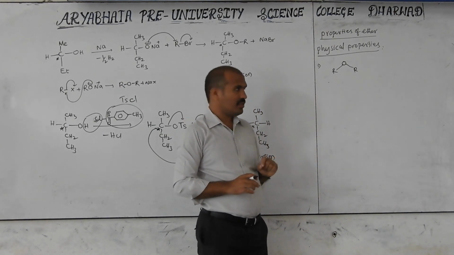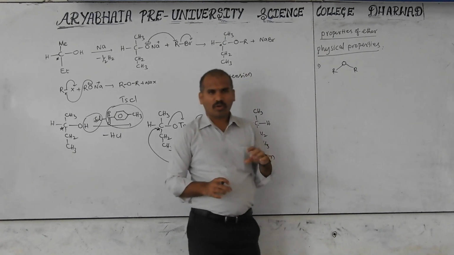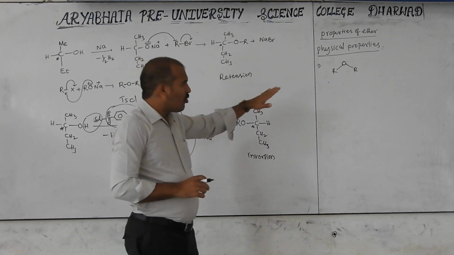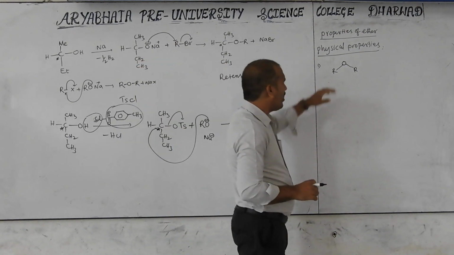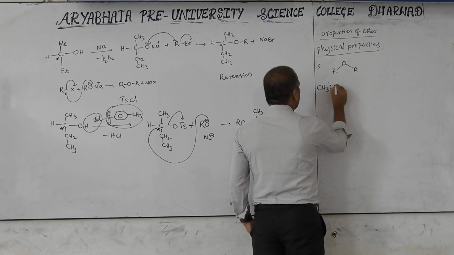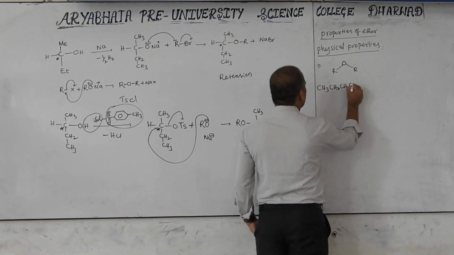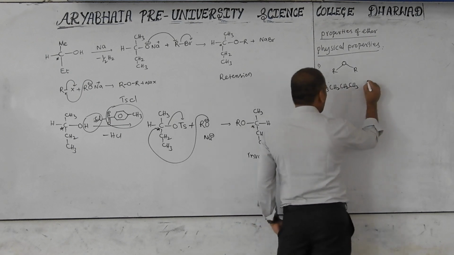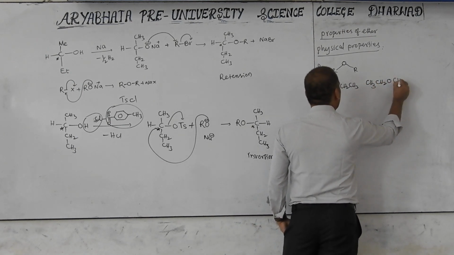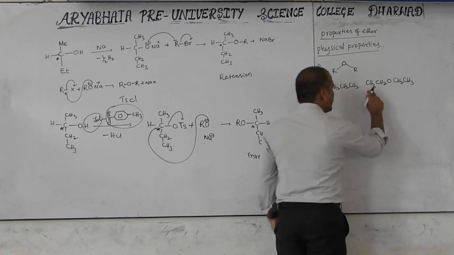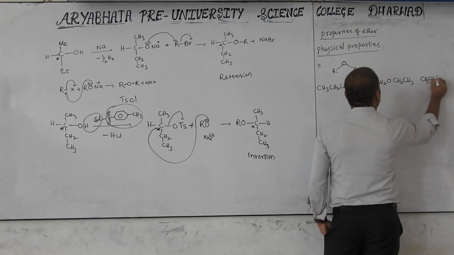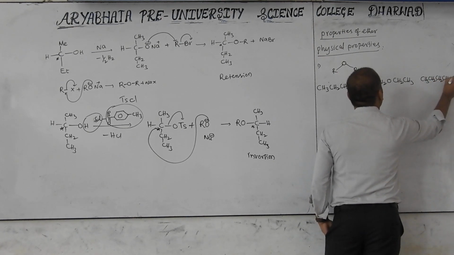When you compare with near molecular weight hydrocarbon or alcohol, their boiling point will be less. For example, butane, CH3CH2CH2CH3, ether, CH3CH2OCH2CH3. This is diethyl ether.